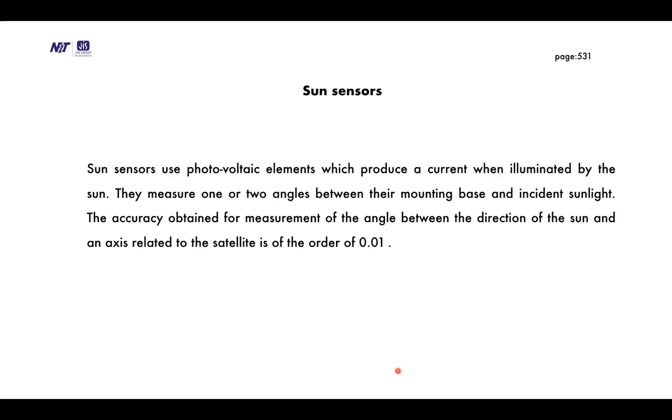So that is the activity of sun sensors. They measure one or two angles between their mounting base and incident light, that is, here, sunlight. The accuracy obtained for measurement of the angle between the direction of the sun and an axis related to the satellite is of the order of 0.01.